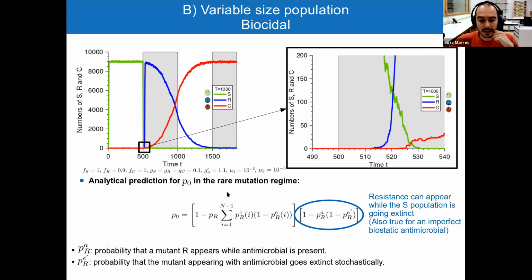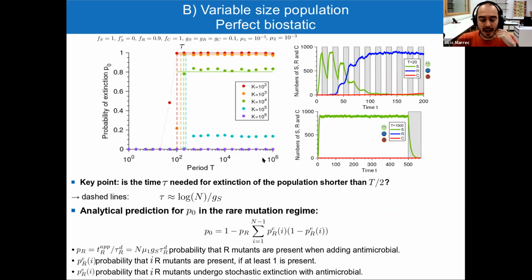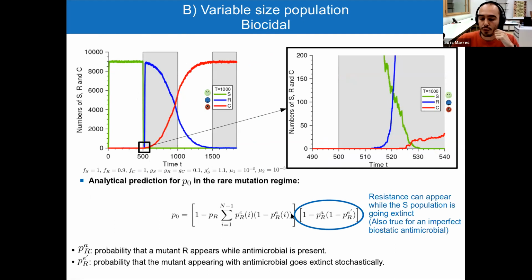And so here again, I can compute the probability of extinction, but I need to add a new term to this equation to take into account the fact that the mutant can appear while the sensitive population is going extinct.